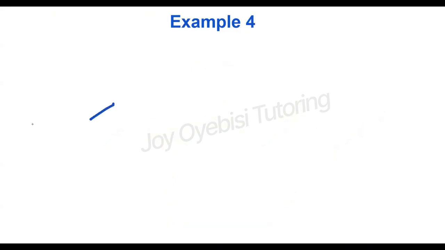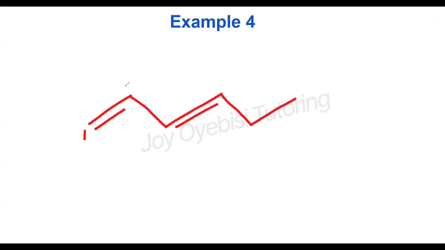For example 4, what if you have 2 double bonds? How would you name them? So this is what we call dienes. Okay, we also have trienes. So you have 1, 2, 3, 4, 5, and then 6.